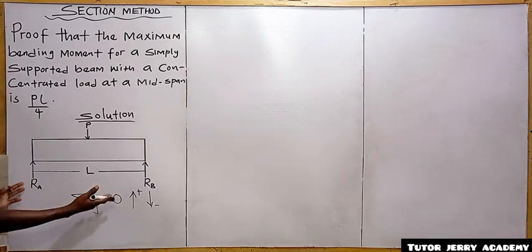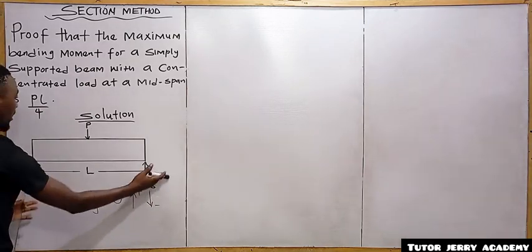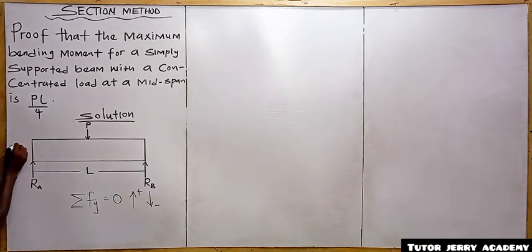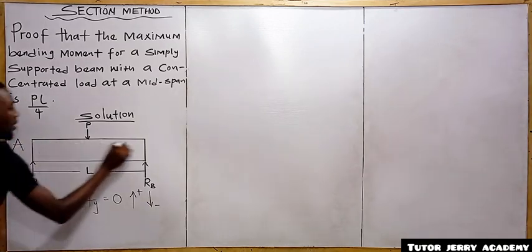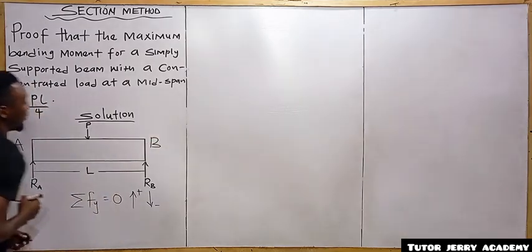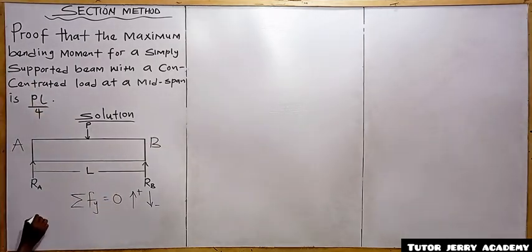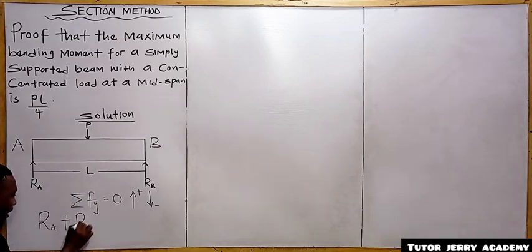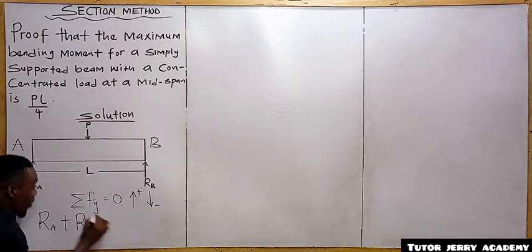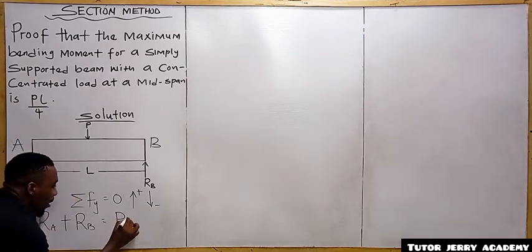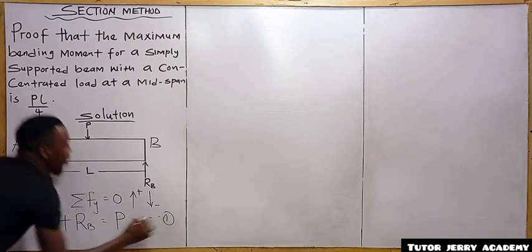The two upward forces here are the reaction at A and the reaction at B. So let's take this end to be A, and this to be point B. Here we have reaction at A plus reaction at B equals P. We can call this equation number 1.